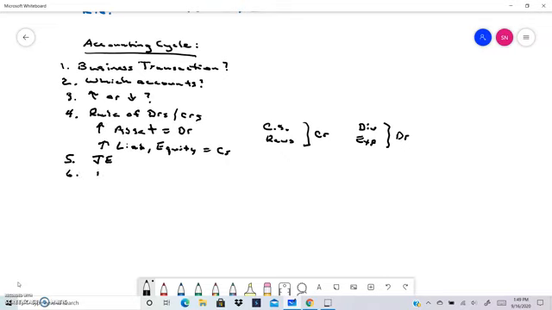After a journal entry, then we're going to post that entry into our general ledger, and I'm just going to use GL. General ledger is basically where our accounts are. So general ledger is where our cash account would be, where our accounts receivable would be, where all of our supplies would be, accounts payable, dividends, etc.